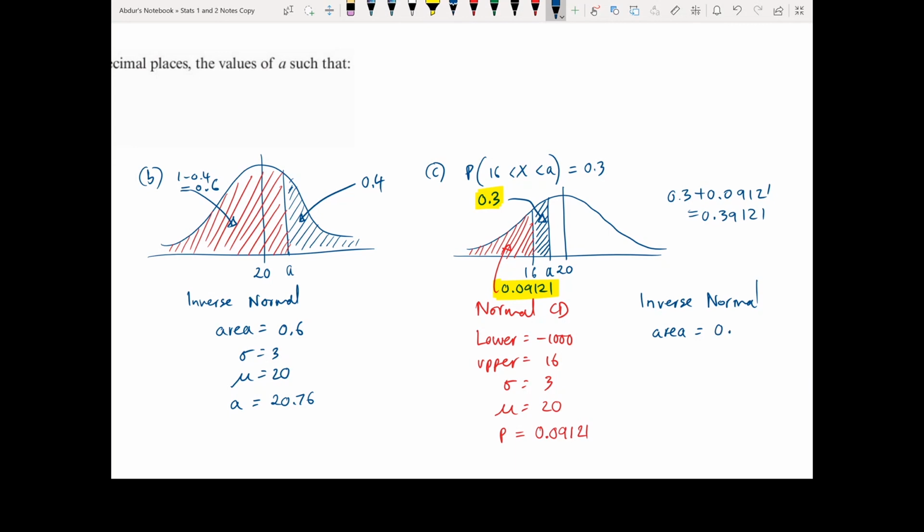So this will be the value that we put into our calculator, 0.39121. And our sigma is still 3 and our mu is still 20. And then putting in these values into our calculator gets us a value for A here, which is equal to 20.76. So that's the value of A necessary to give us an area to the left of A of 0.39121.